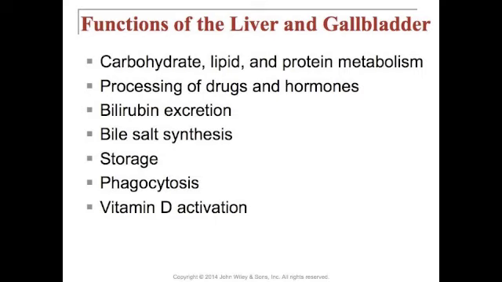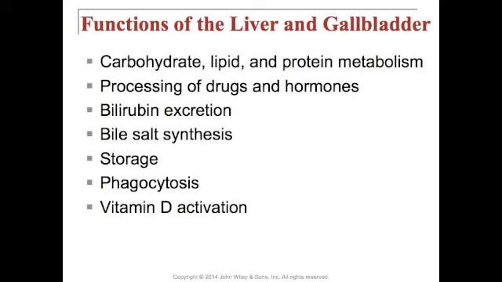The liver can also function as a storage unit. So in addition to glycogen, the liver is a prime storage site for certain vitamins and minerals, and these can be released from the liver when needed elsewhere in the body. Phagocytosis.